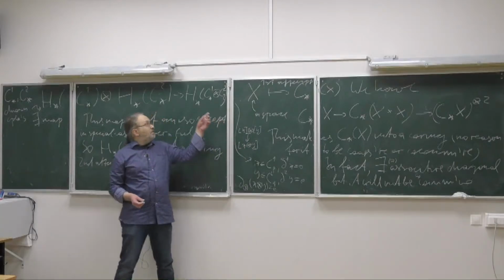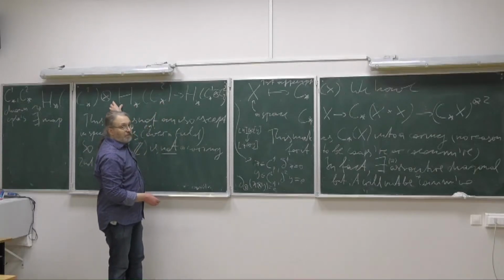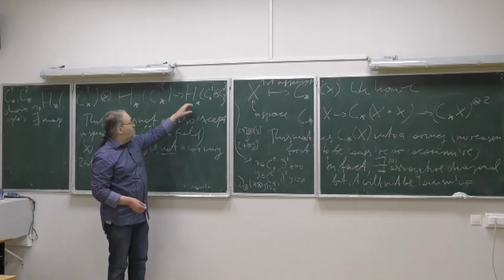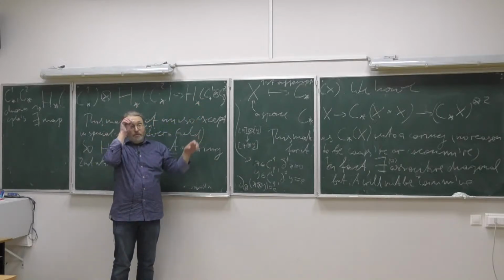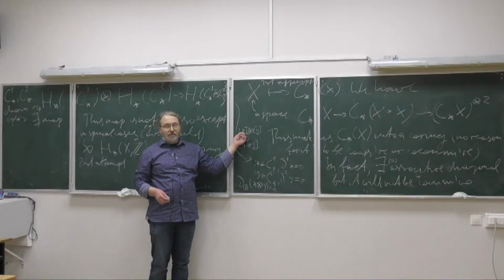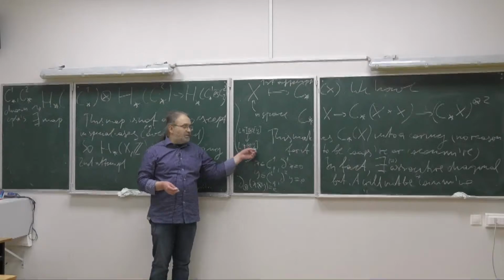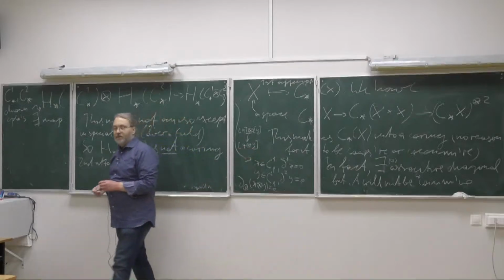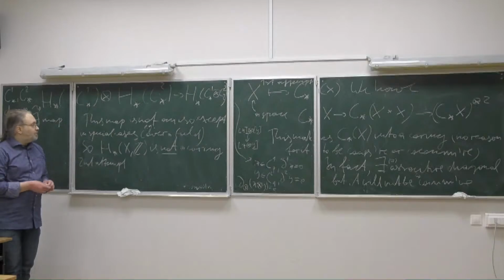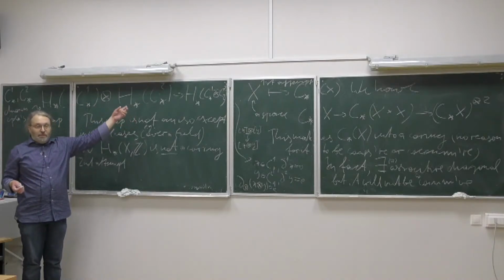The map from this graded abelian group to this graded abelian group does the following thing. It takes a cycle here, a cycle there. Well, we can choose representatives. Let's call those x and y. Yeah, it's clear. Okay. And it's a good exercise.